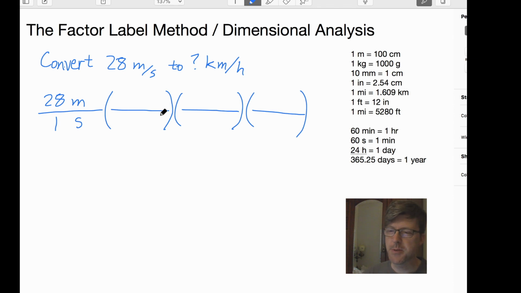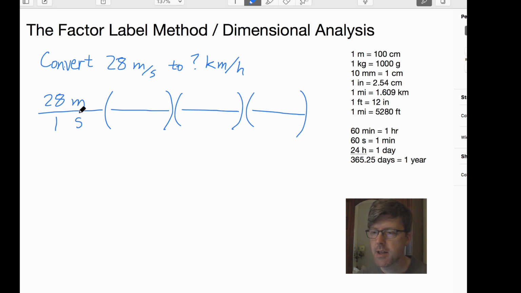But we're going to put numbers in there, and the numbers in the top and bottom have to be equal, so that this whole thing is equal to 1, this whole thing is equal to 1, and so is that. So it doesn't really matter where we start, but we want to choose one of these units to get rid of, because meters doesn't appear in our final answer and seconds doesn't appear in our final answer.